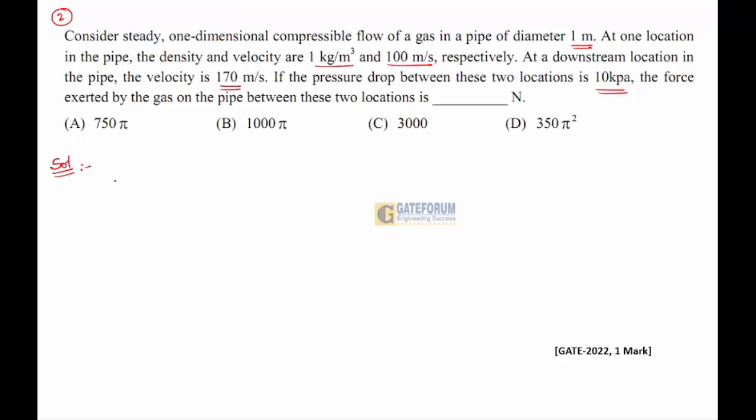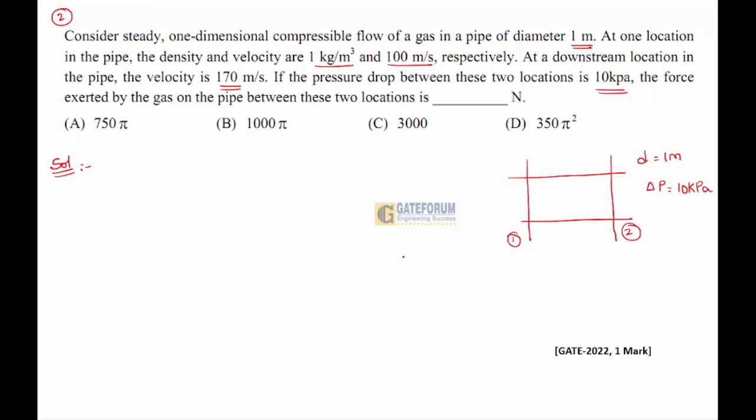When we see the question, the given data is, let us consider a pipe with section 1 and section 2. The diameter is 1 meter. Change in pressure is delta P, which will be 10 kilopascal.